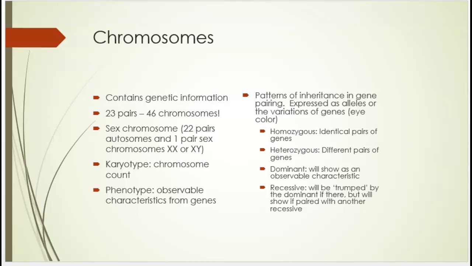Okay, you're going to express that as brown eyes. Okay, so dominant will show up as a characteristic that's observable, and you will have at least one of those on the Punnett square. Recessive will be trumped by the dominant if it's there, but if you have 2 recessive genes, you will express that recessive trait, such as blue eyes.